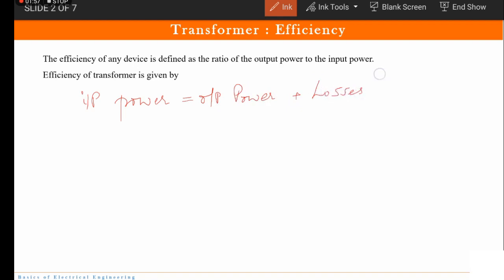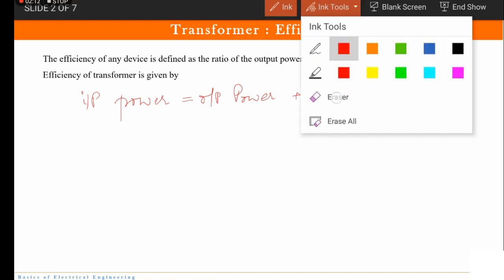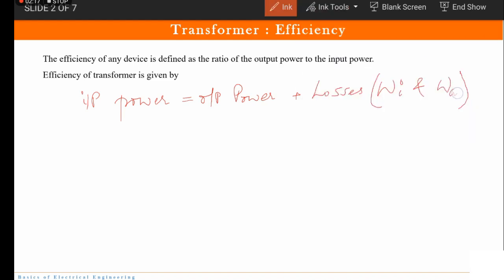Am I right? Which losses? Majorly two losses. The iron loss or the core loss and the copper loss. Fine. Correct? Because input power gets converted into output power plus iron loss or core loss and copper loss.